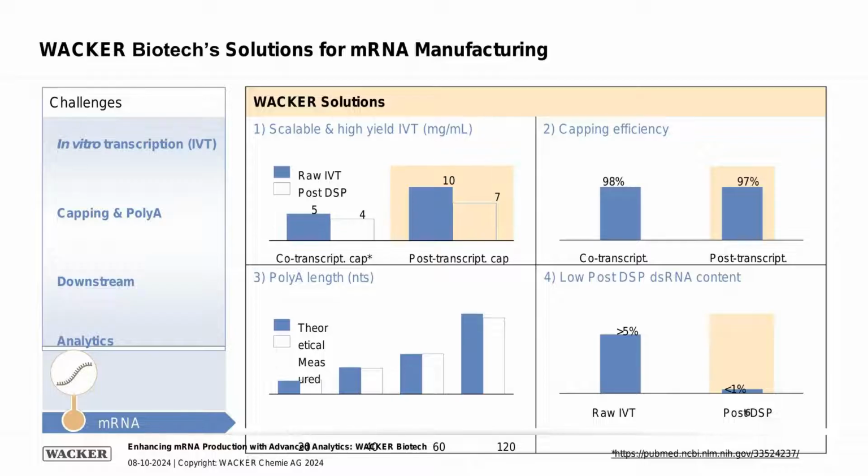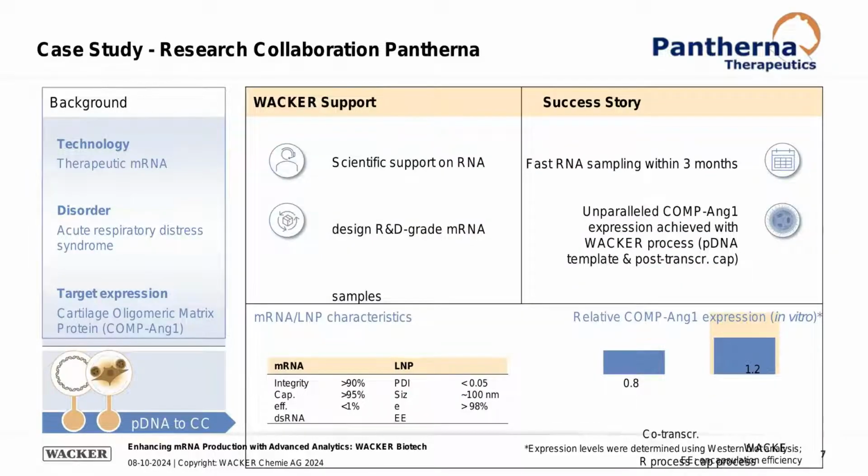Our DSP process is capable of reducing double-stranded RNA amounts to below 1%. All right. I don't know what happened to this presentation, but somehow the numbers are a bit off here.